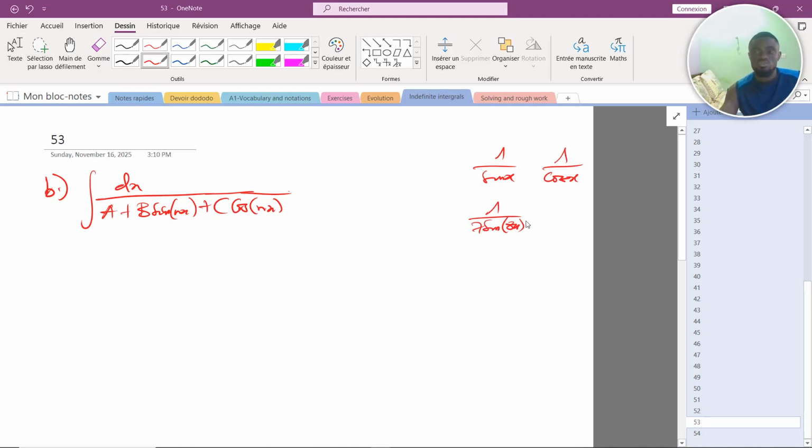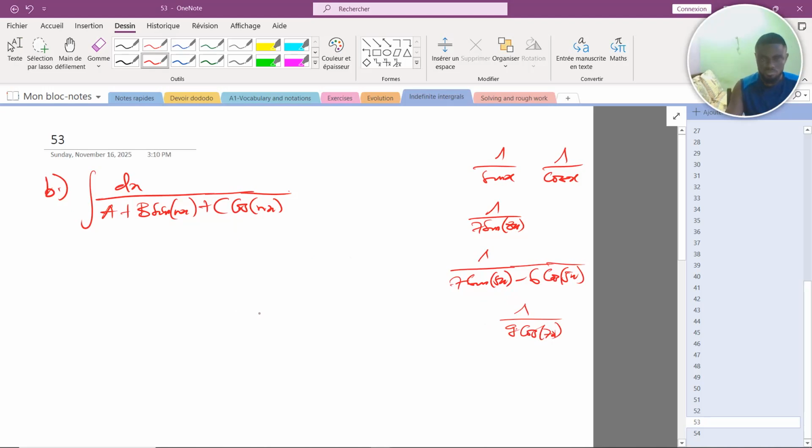They can ask you to integrate 1 on, let's say, 7 sine 5x minus 6 cos 5x. It is still in this form. They can still ask you to integrate 1 on, let's say, 9 cos 7x. It is still of this form.